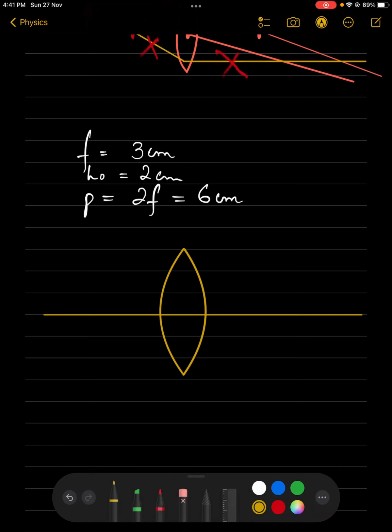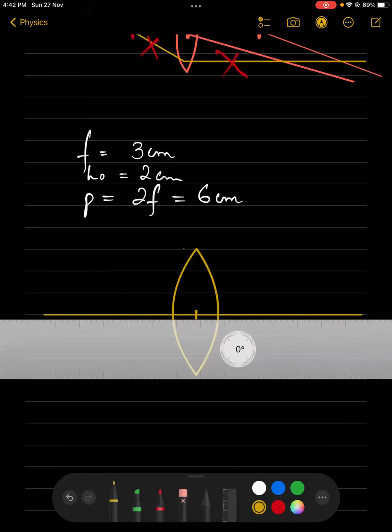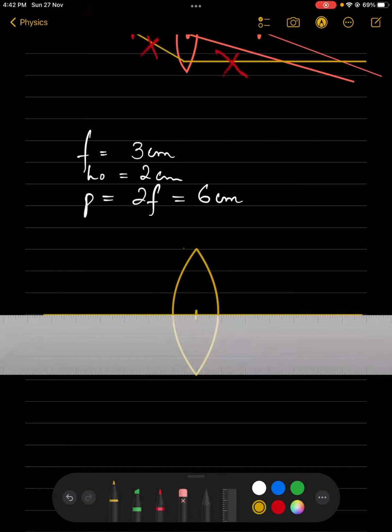Now I have got my lens over here. This is the optical center. The focus would be drawn at 3 centimeter from the optical center. तो ये optical center से हम start हुए और 3 सेंटीमीटर पर आकर रुक गए, right over here.